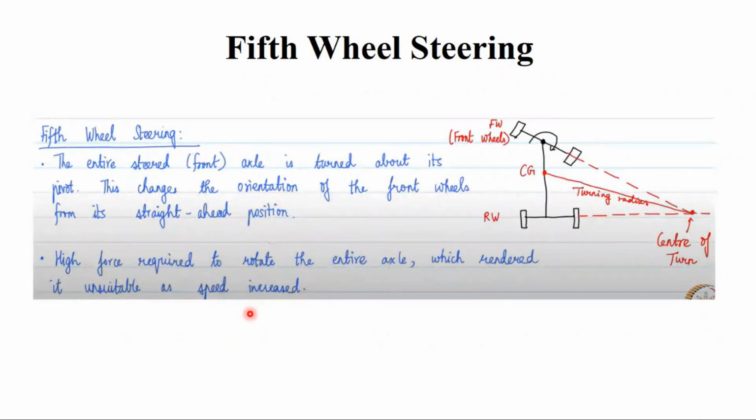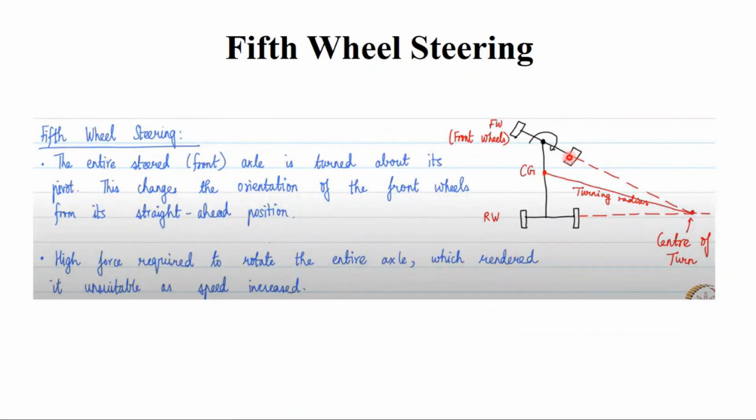So there are two challenging criteria here. What will happen when the speed is low and when the speed is high? When the speed is low, it is easy for the rider or driver to rotate the axle because less force is required, compared to when the vehicle is at high or medium speed.